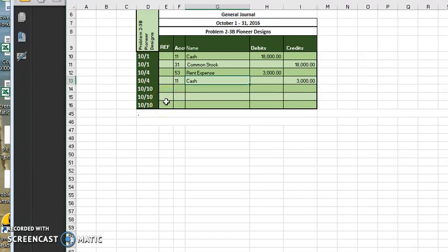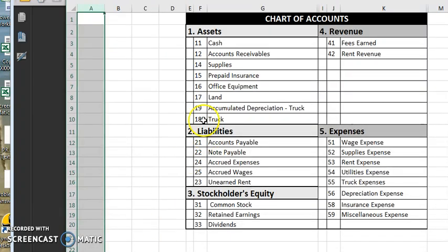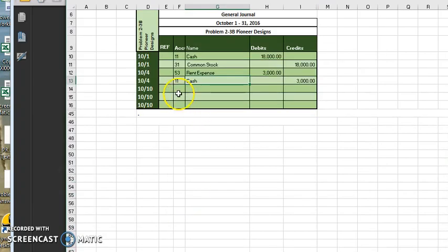Now, on October 10th, the company purchased a truck for $23,750. Account number 18 is for the truck. So debit the truck $23,750.